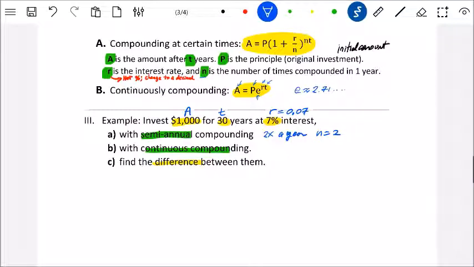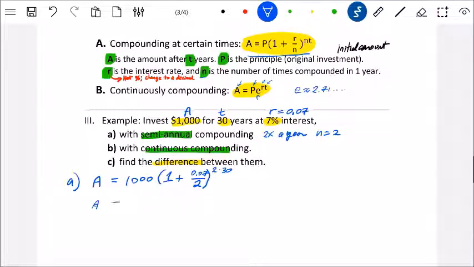So first thing we're going to do, we'll do A, and we're going to use the formula, this one here. A is equal to the original amount, 1,000, 1 plus 0.07 rate over how many times it compounds in a year. And then we multiply up here that 2 times a year times 30 years.